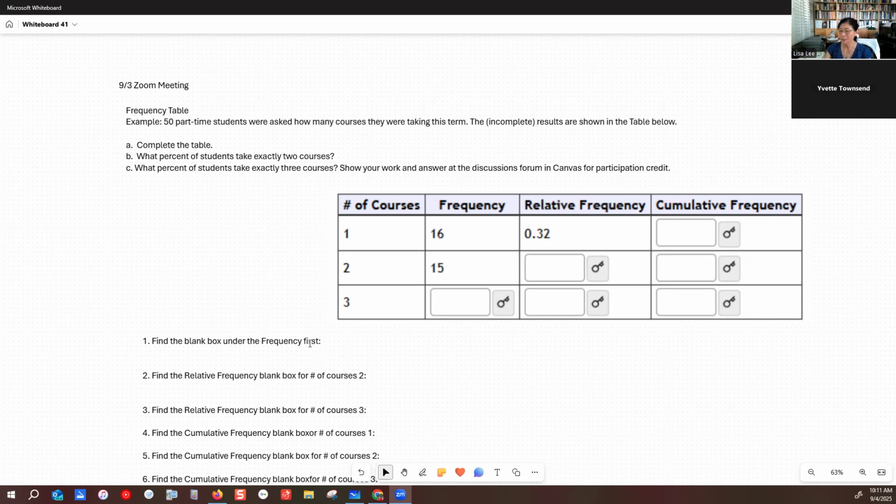Okay, so let's look at the first column. Well, actually, it's the second column, right? First column is the number of the courses. Second column is the frequency. So look at the frequency.